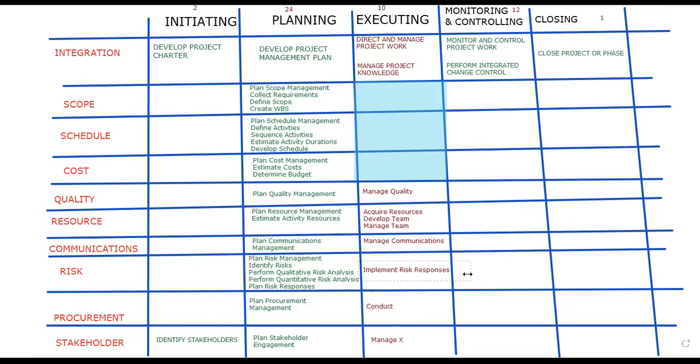So the moment you purchase those canopies, you are implementing the risk response. All right. Next, we have conduct, replace it with the word procurement.